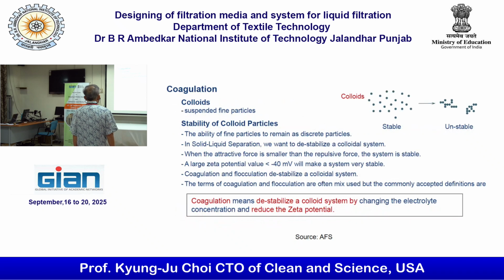Coagulation. Stability of colloid particles: that's stable and unstable. So you have to make it unstable. A large zeta potential value, which is minus 40 millivolts, will make the system very stable, and then coagulation does not occur very well.